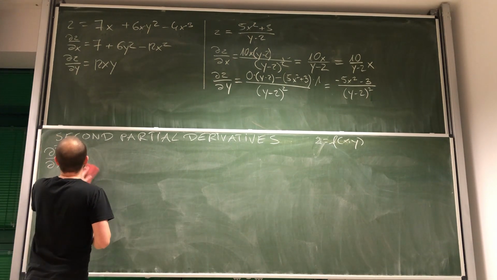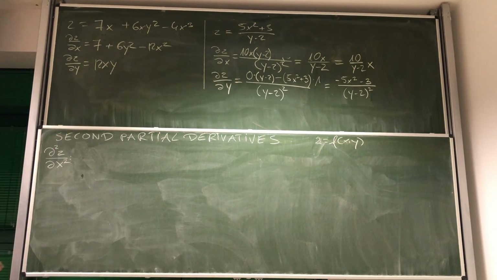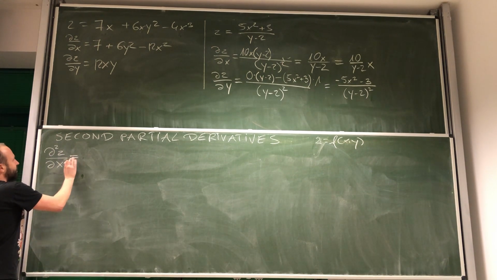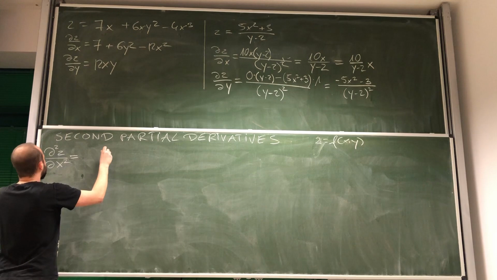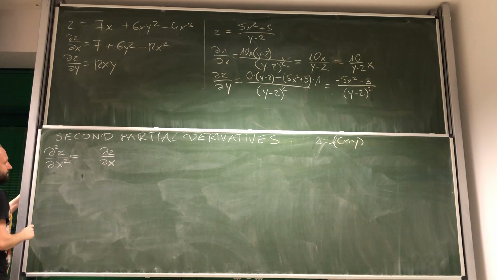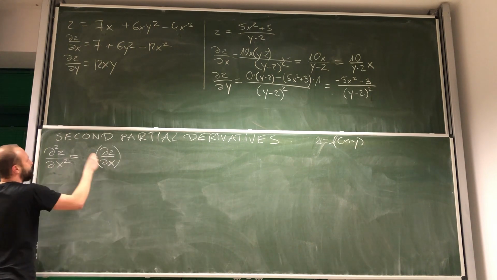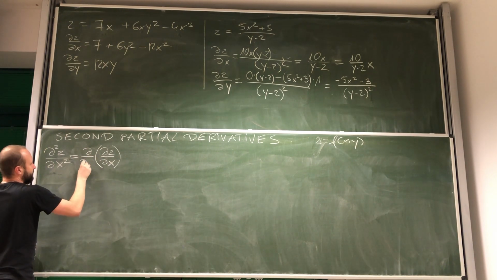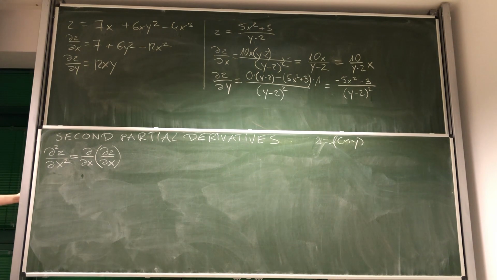I'm going to write that a little bit later because I want to show you a point. How do we get this derivative? Look, I'm simply taking the first derivative with respect to x and differentiating it for the second time.